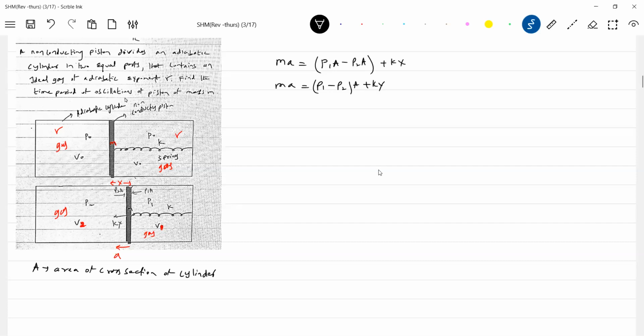The biggest problem here is what to do with P1 minus P2. The gas undergoes an adiabatic process. We know only that much information. Okay, let's do one thing. The pressure has increased by some quantity, and by the same quantity it will decrease here. So P1 equal to P naught plus dP, and P2 equal to P naught minus dP.